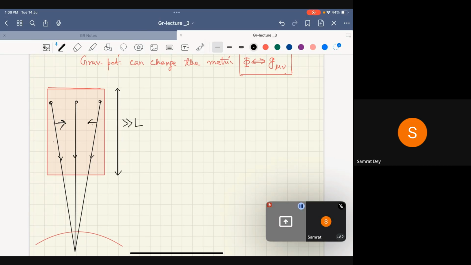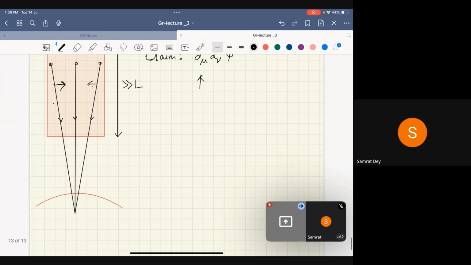And I am claiming that this effect only comes because of terms like del nu phi, the second derivative of the potential, and is absent if we treat the gravitational field to be uniform within the box. Particularly, this effect will vanish.